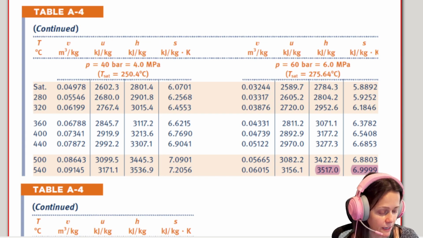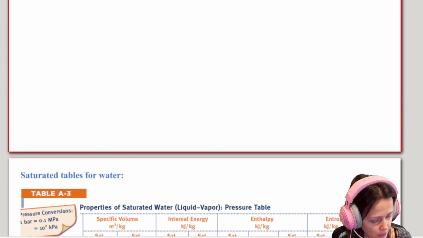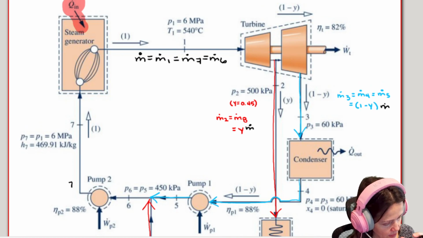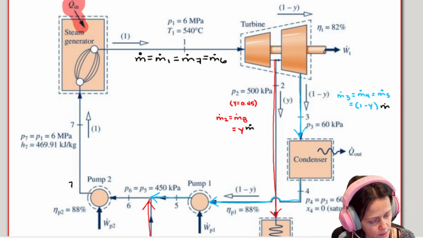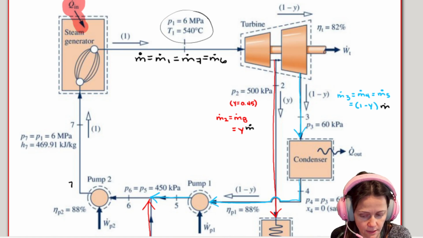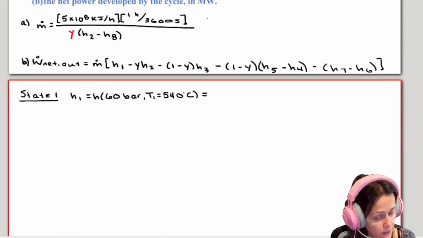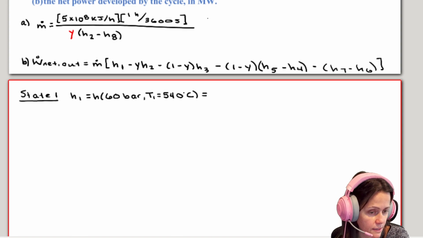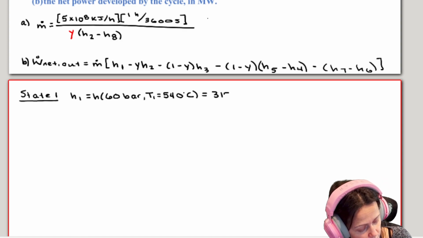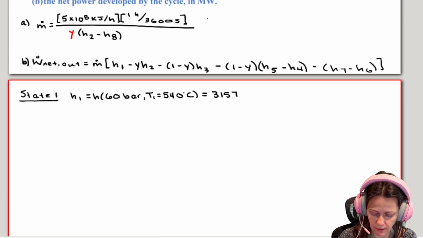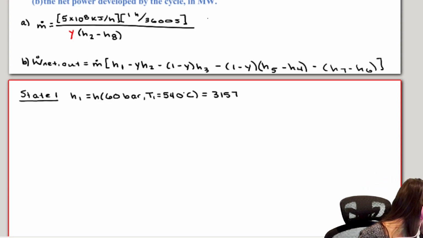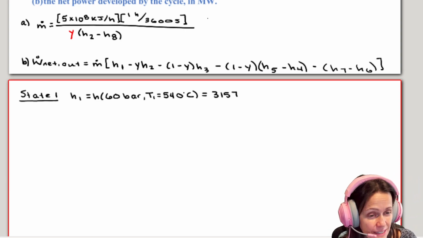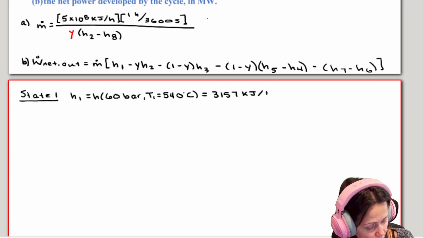So you could see I've also got to get my entropy value. So this guy right here. All right, so this is going to be 3517 kilojoules per kilogram.